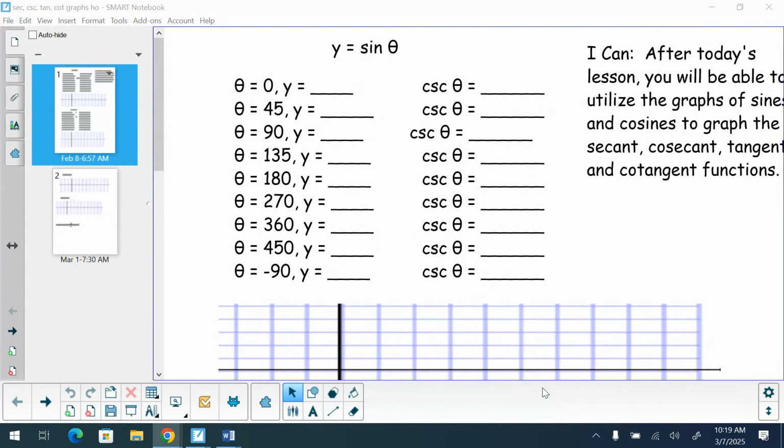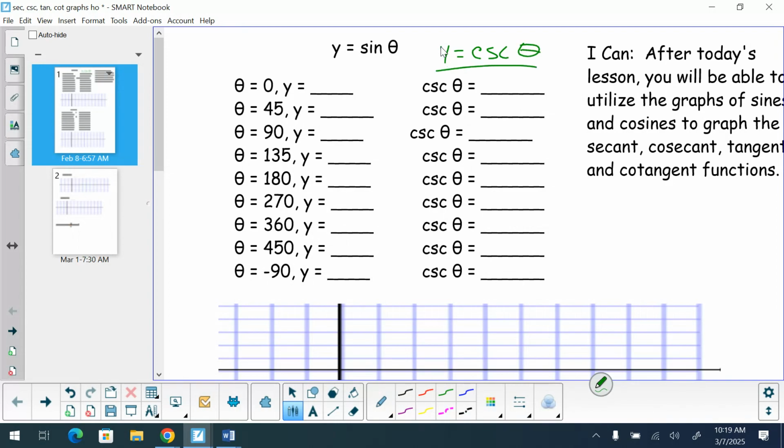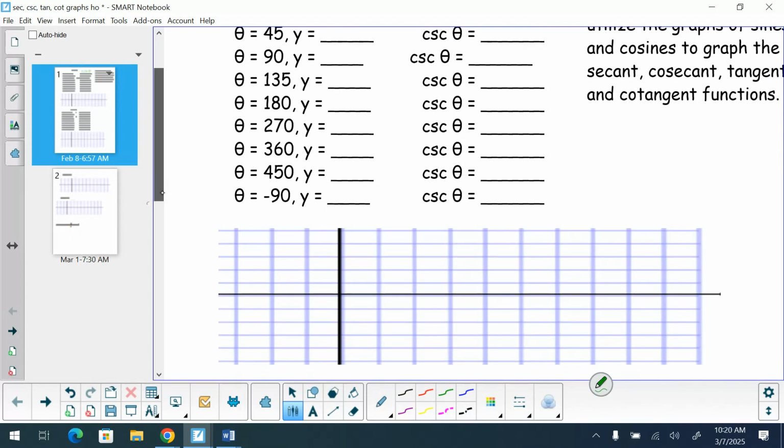So that knowledge of graphs of sines and cosines that you just dealt with, we'll be utilizing that knowledge again. We want to graph y equals the cosecant of theta.